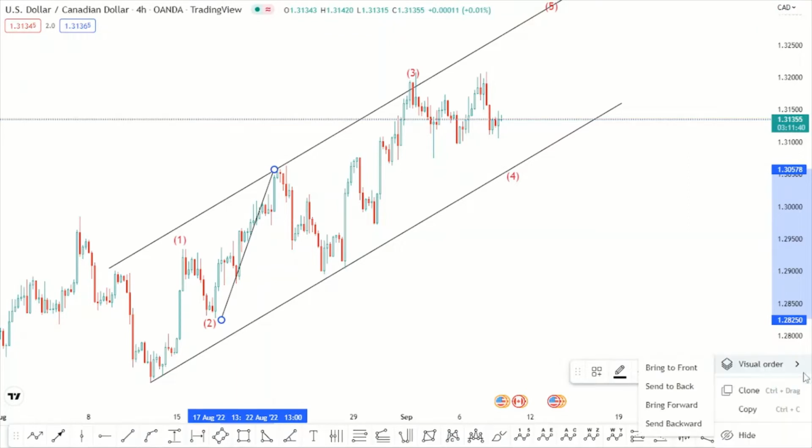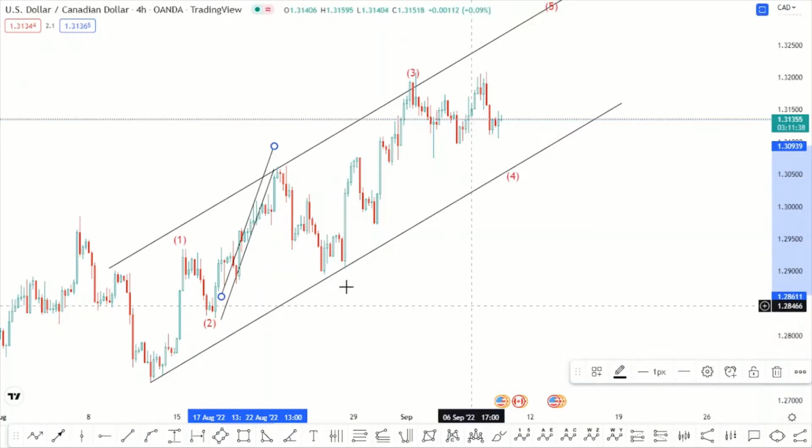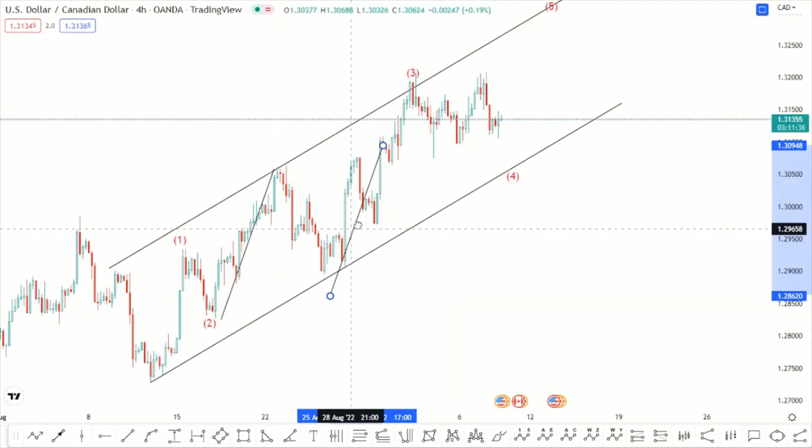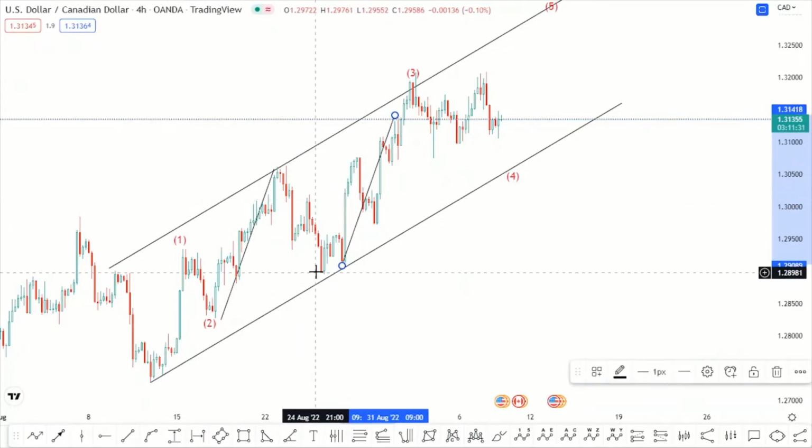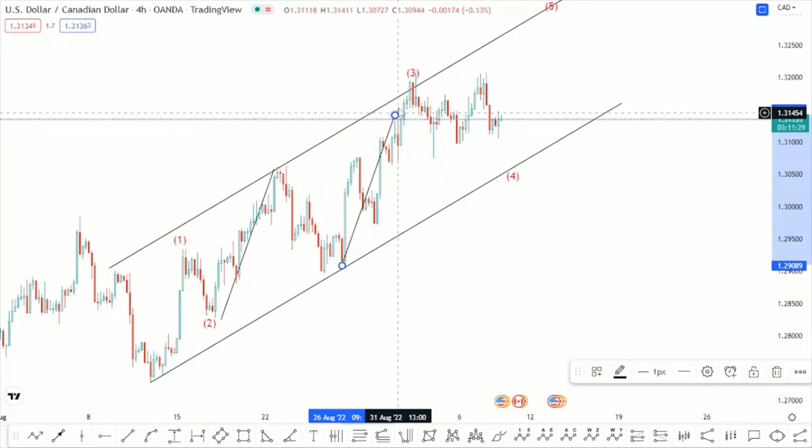And we're going to clone this line again and check for a distance from where it started over here, and then closer to the end you should expect a reversal, or price should stop its rally.